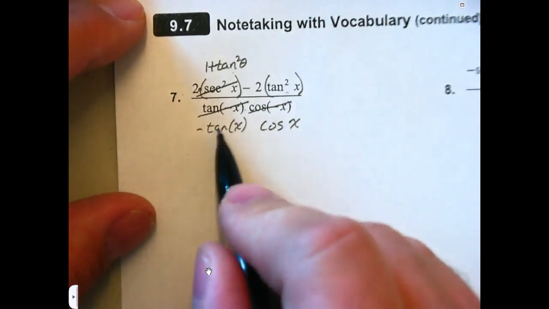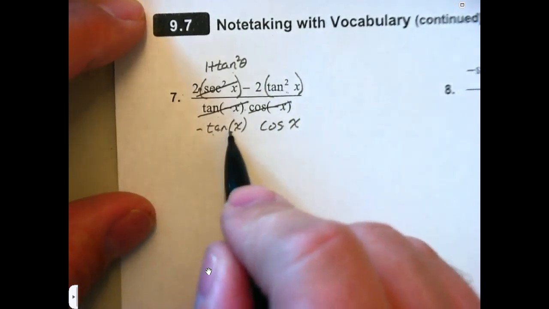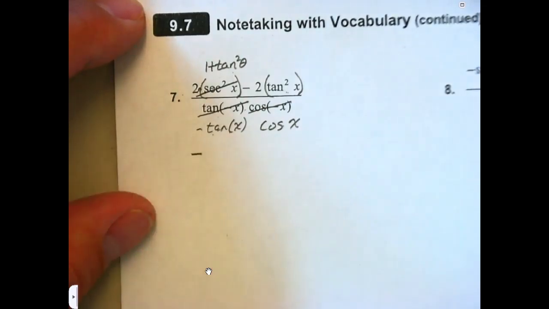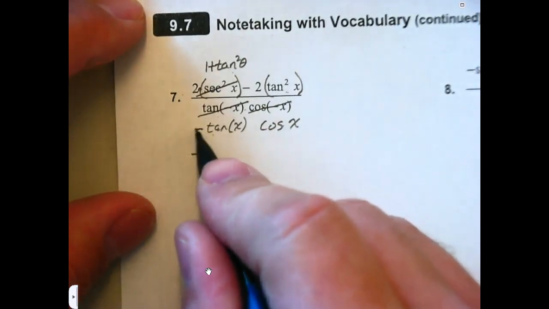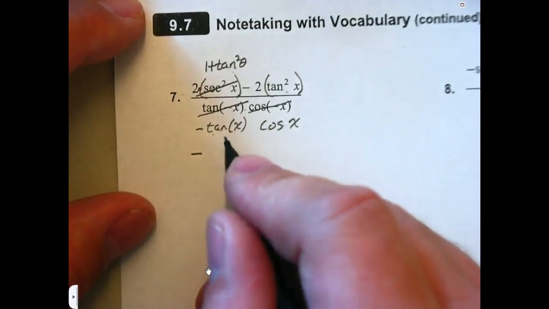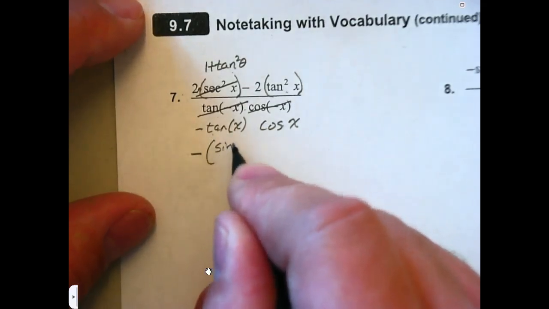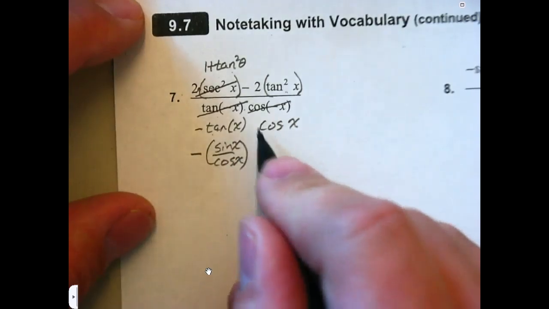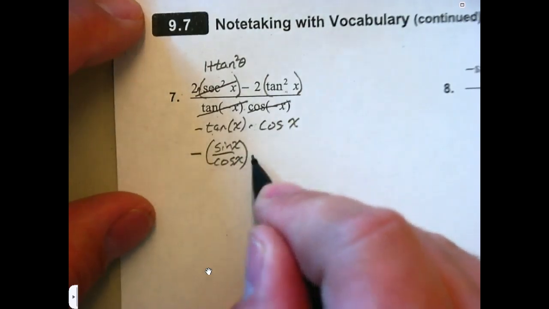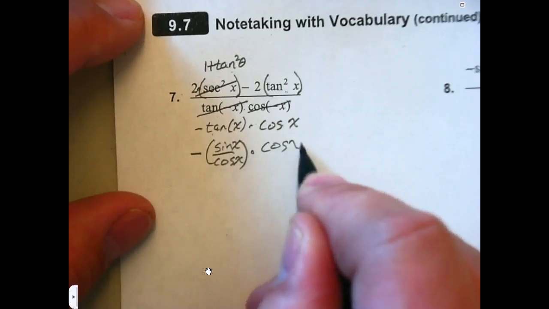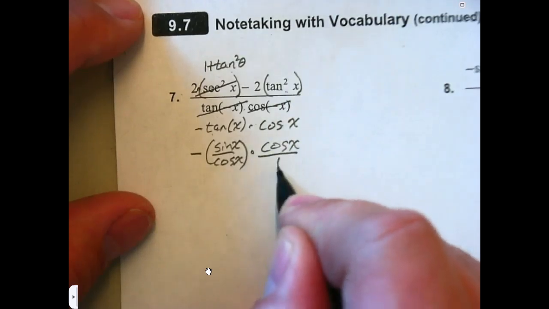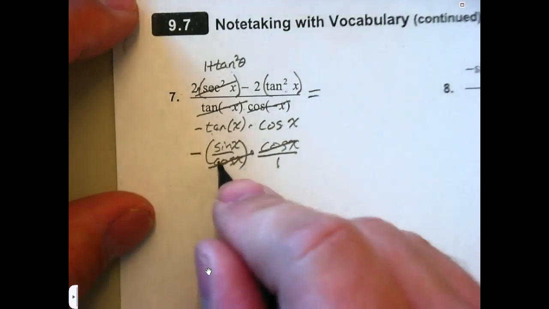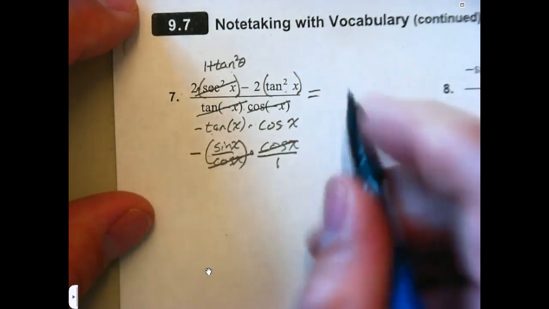Well, I can't put these together, but I can change tan x to, this was your question earlier, Kendall, another way of saying tangent: sine x over cos x. Now, if I'm multiplying that by that, what happens there? Cosines cancel. My denominator becomes negative sine x.